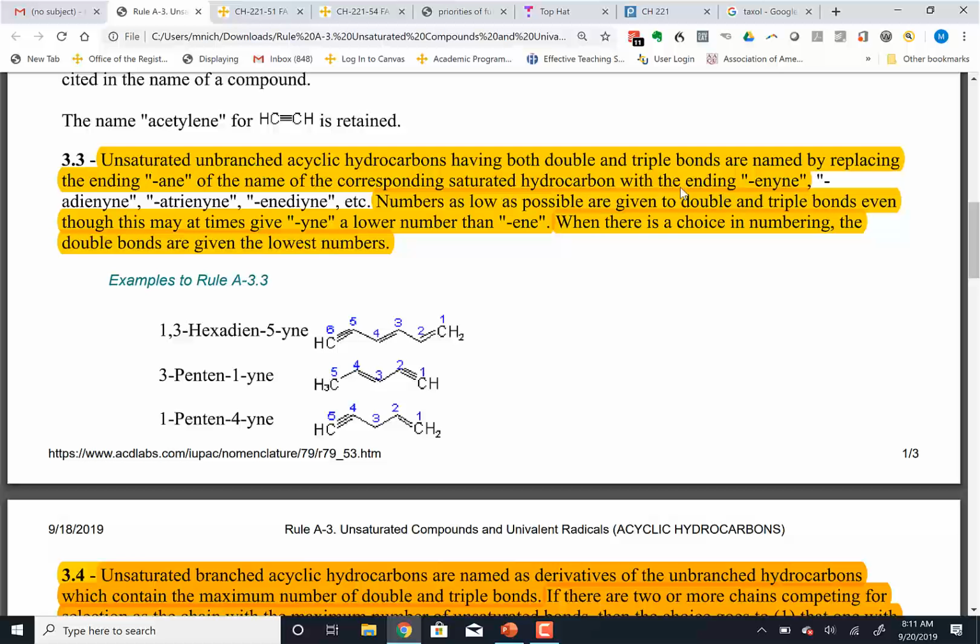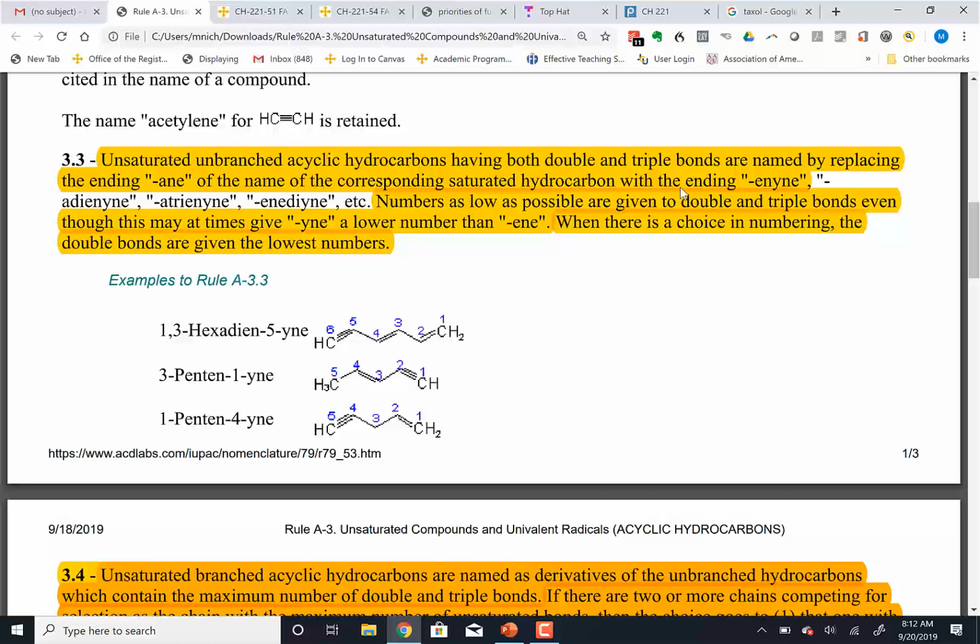What they did was they basically gave the double bonds priority, because I could number this top chain from left to right or right to left. What they did was they're going from right to left, because they're giving the double bonds priority over the triple bonds. So if there's a tie at the end, you give the double bond priority over the triple bond because it's higher up on the chart.